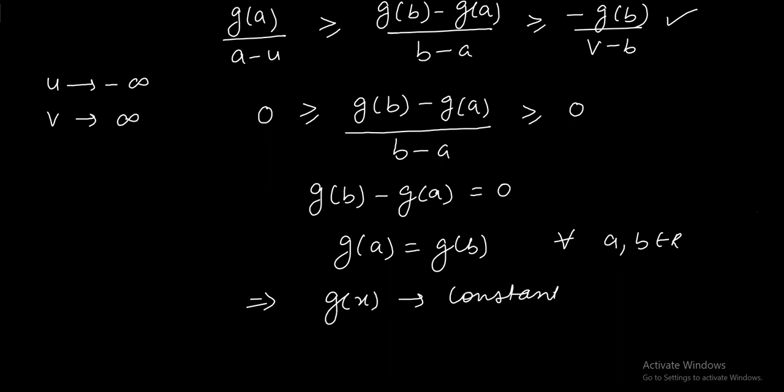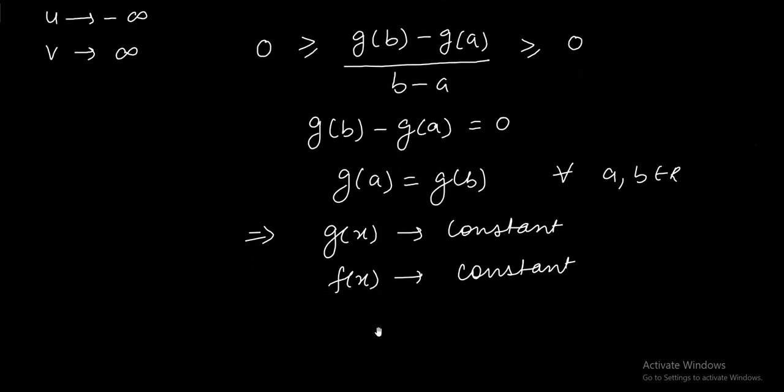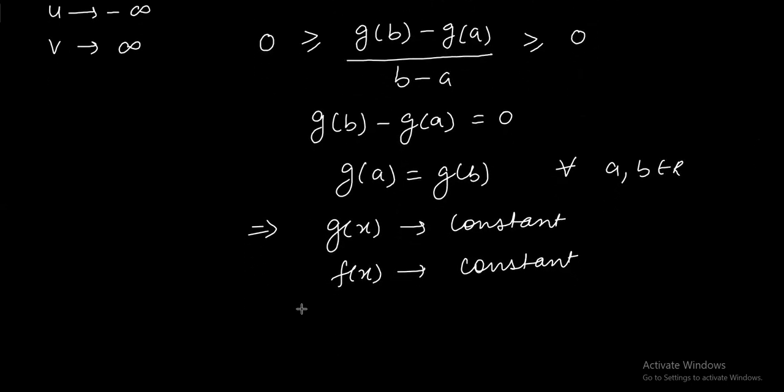If g of x is a constant function, it means 1 upon f of x is a constant function. And since 1 upon f of x is a constant function, definitely I can say that f of x is a constant function. And further, f of x is also taking positive values according to the question. That's why the only function satisfying all the conditions given in the question will be a positive constant function. So see, we have proved it using another method as well.